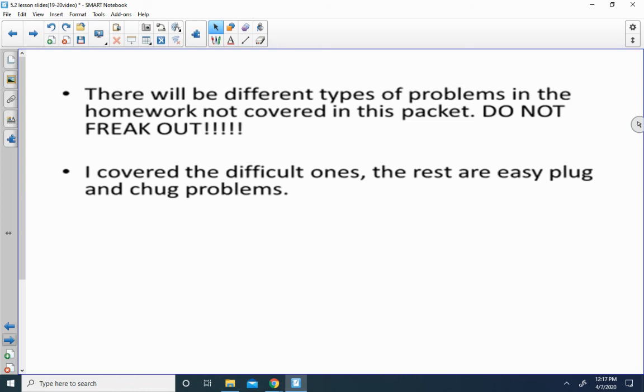So if you come across an example that I did not cover, in other words, it's not over radioactive decay, compound interest, revenue, or population growth, it's over something completely different, don't worry. That type of problem will give you the formula, it'll give you exactly what you need to plug in. They're literally just normal plug and chug problems, so don't worry. I covered all the hard ones. All the rest are plug and chug. Just wanted to let you know ahead of time.